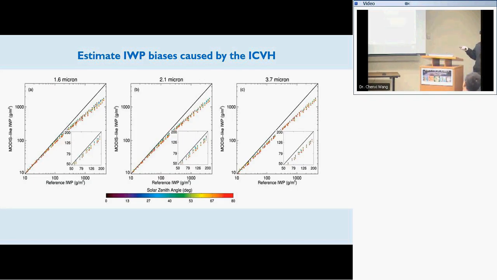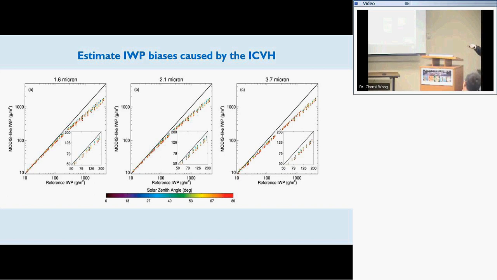We can repeat the process again and again using different IWP and COT pairs and using different geometry.